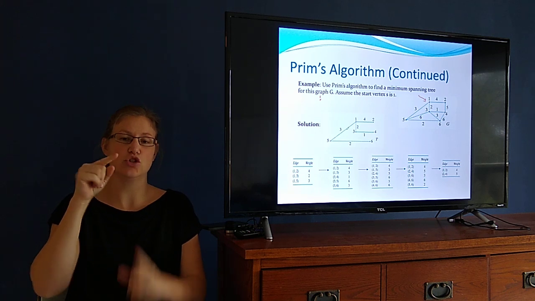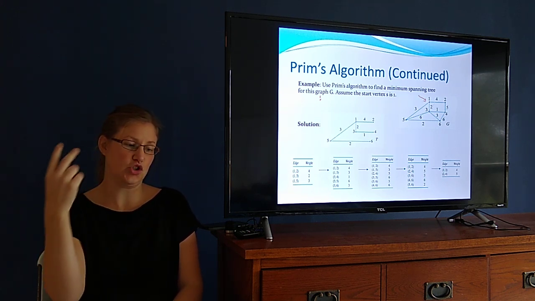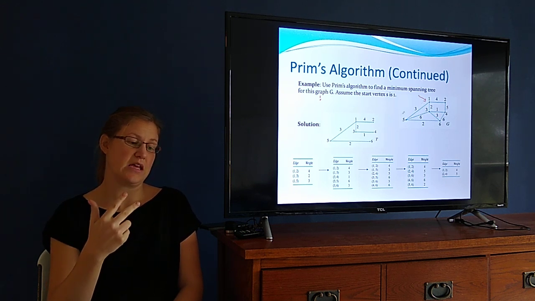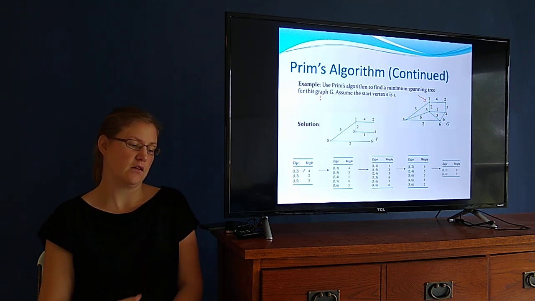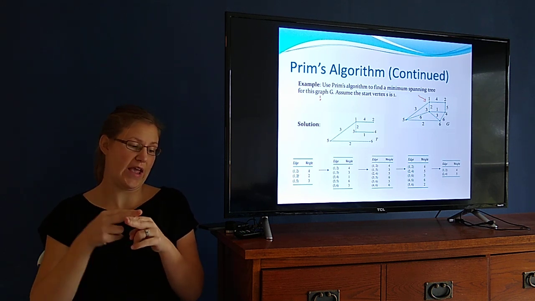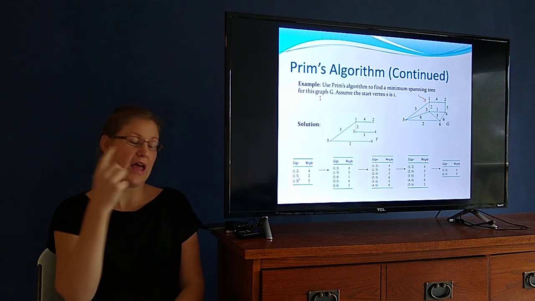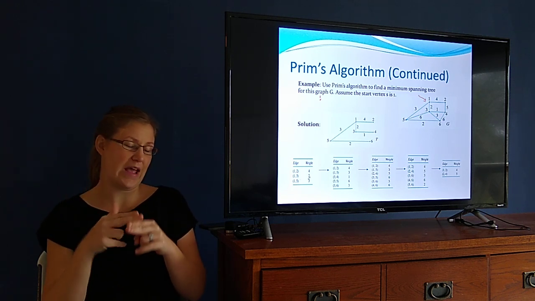We have edges 1 and 2, 1 and 3, and 1 and 5. The weight of edge 1 and 2 is 4. The weight of edge 1 and 3 is 2. And the weight of edge 1 and 5 is 3.